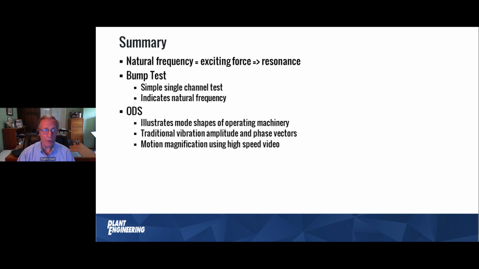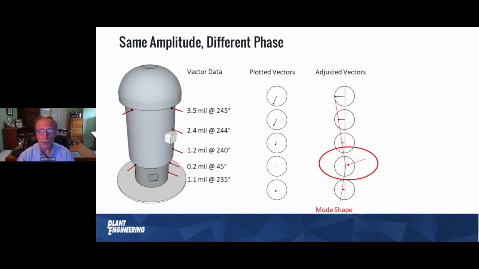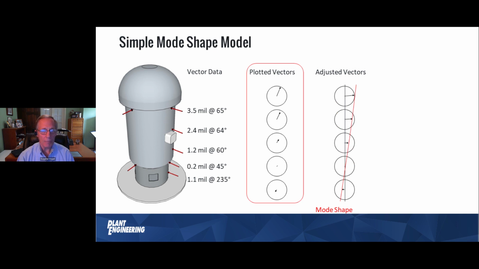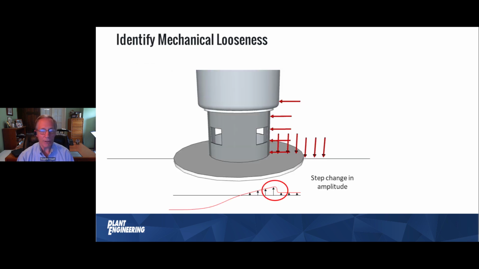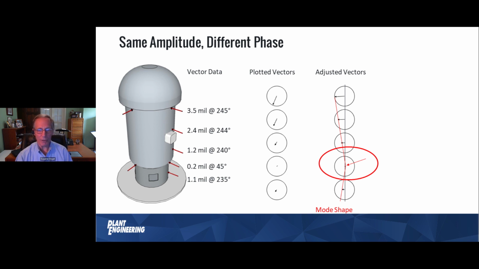Without amplitude and phase, I could not have told the difference between, let me go back here for just a second, this problem and that problem, because the only difference between the two is the phase angle of that bottom reading. And with the phase angle being different, the mode shape is different. Okay? All right.